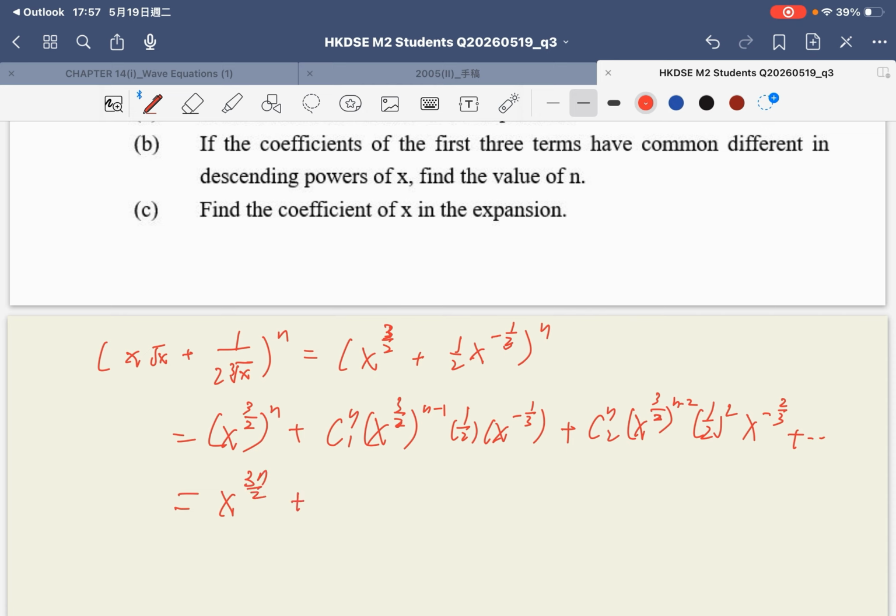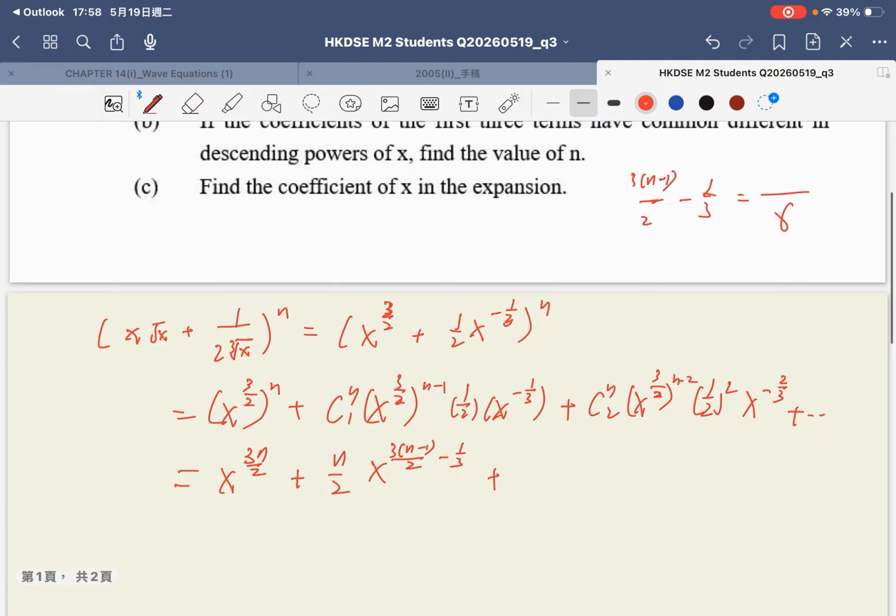The second term, which is nC1, has coefficient n over 2, and then combine these two terms, adding the powers together. That should be, let me check, 3 times (n minus 1) over 2 minus 1 over 3. Make a common denominator, it is 6. I don't want to simplify these terms, just leave this format.